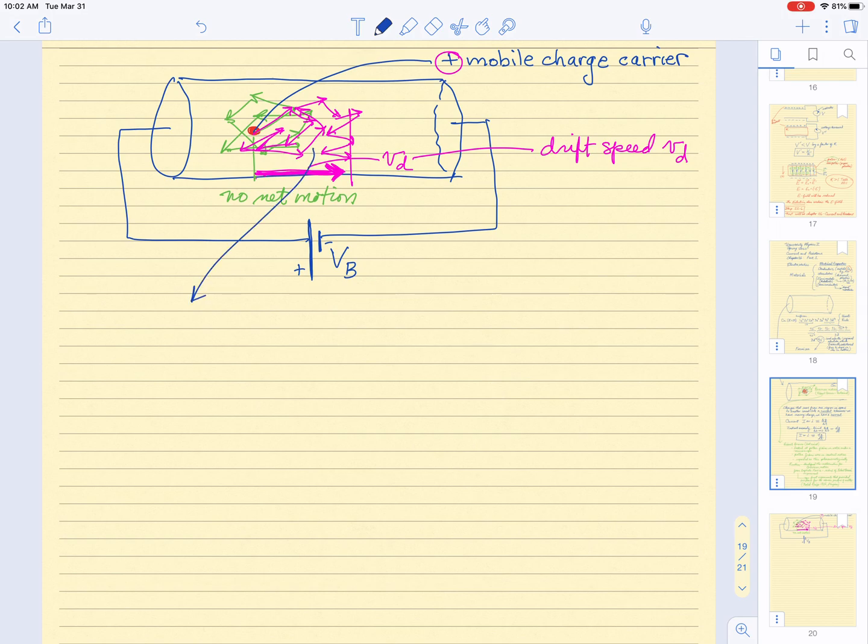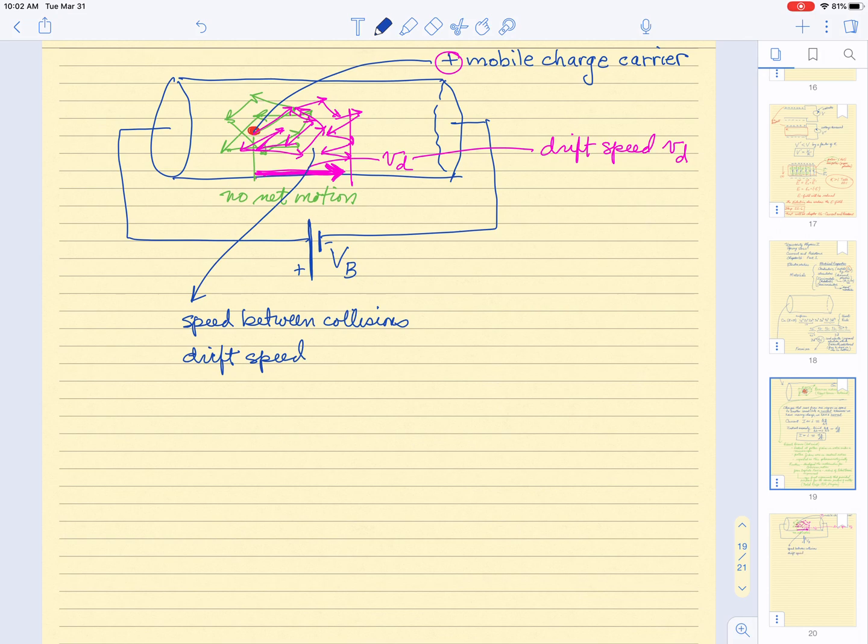We have the speed between collisions, and we have the drift speed.